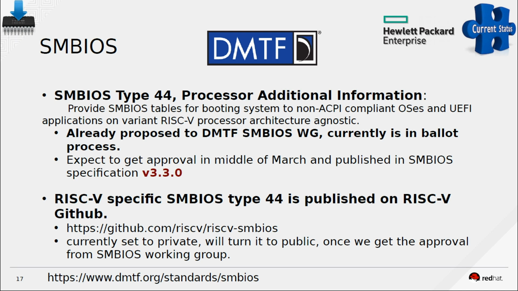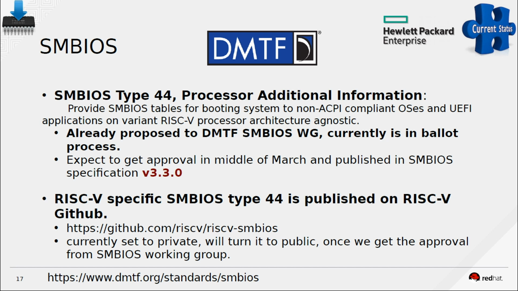They also contributed on SMBIOS. They already proposed SMBIOS type 44, processor additional information, to the working group. It's in the ballot process, and we may see it in version 3.3.